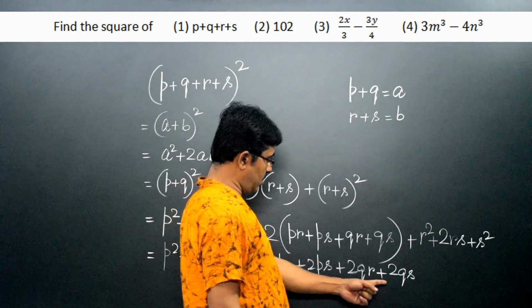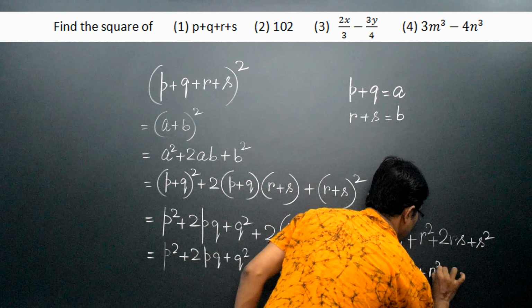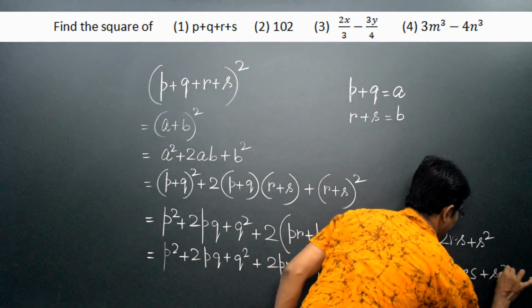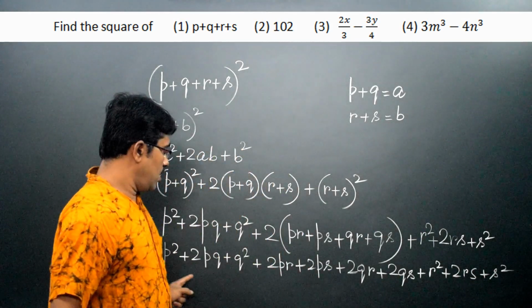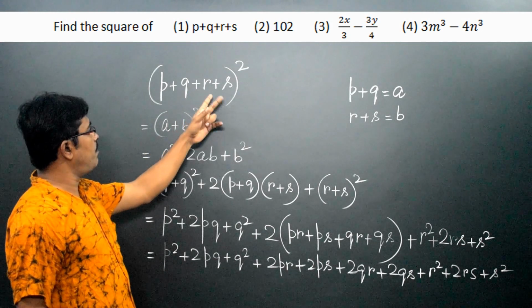So the result is this, plus r square plus 2rs plus s square. This is the square of p plus q plus r plus s.